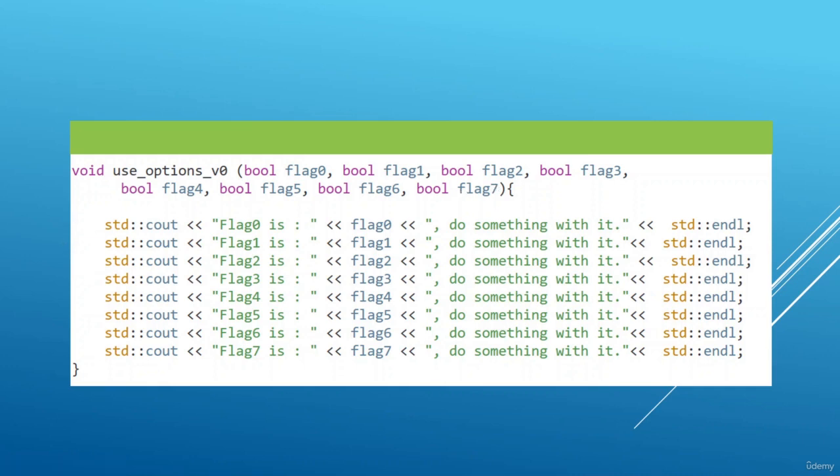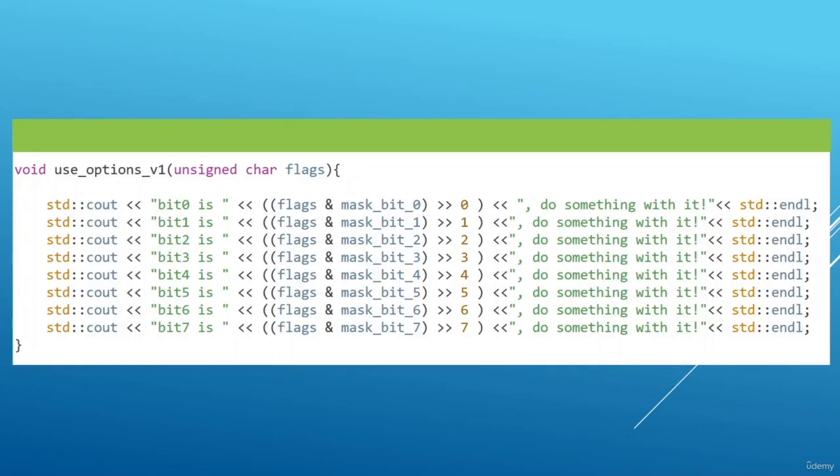But I want to bring to your attention that with your newly gained powers, you can change this function to not use 8 bytes to pass all these parameters, but only use 1 byte. Let's see how. We can do something like this. We can pass an unsigned char and call it flags, and that flag is going to be using each bit in our byte to do something useful.